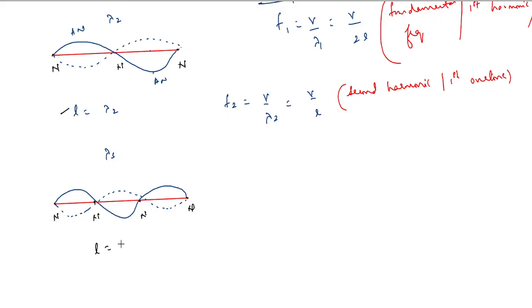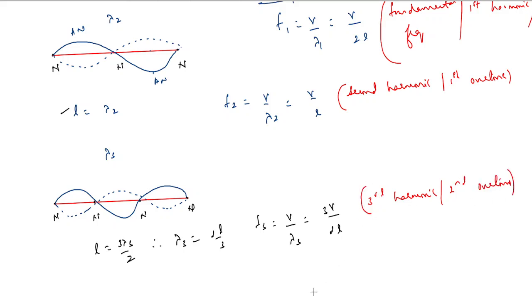This L contains 1.5 waves, so L is equal to 3 lambda 3 by 2. Therefore lambda 3 is equal to 2L by 3, and the frequency F3 would be V by lambda 3, which is 3V by 2L. This is called the third harmonic or second overtone.